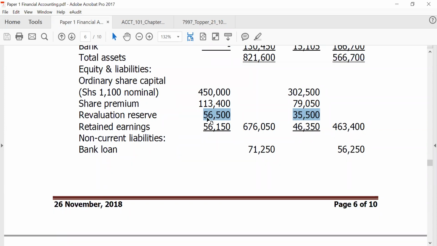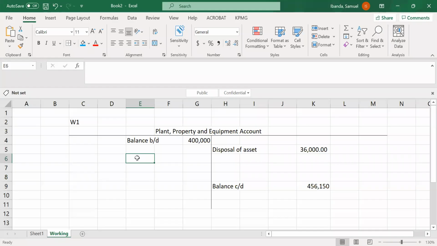This is 21. 5 minus 3 is 2. Then 6 minus 5 is 1. And then the 500 basically dies out. So what we are going to do is come here and post the revaluation that happened. That revaluation account only changes because of a new revaluation. So there was a new revaluation to the tune of, is it 21 that we got?